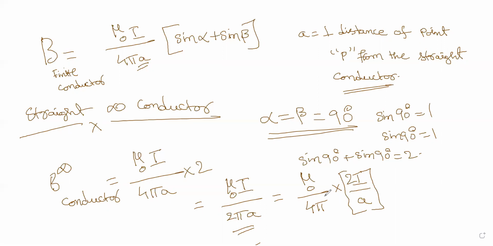I hope you have finished this. We will see the next part of the question. They have given a finite conductor, and a 2 amp current is flowing through it.